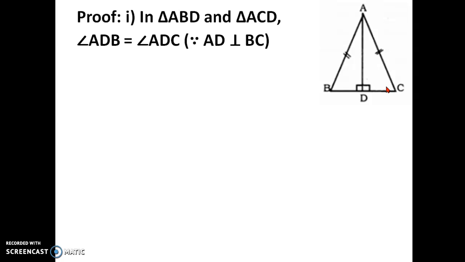So in that, angle ADB equal to angle ADC. Why? Because AD is perpendicular to BC. Why is it perpendicular? Because it's an altitude. Okay, so altitude is there, so it is perpendicular.